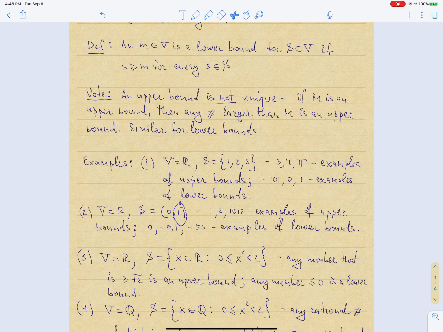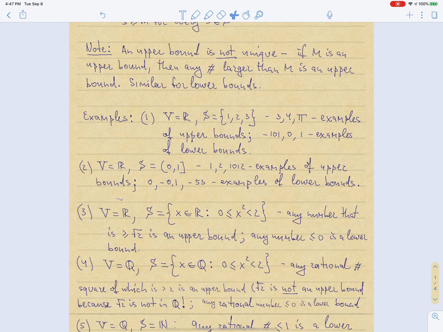So anything bigger than 1 is an upper bound. 1, 200, 1,012, and so on. All numbers in this interval, half-open interval, are greater than 0. So then 0 is an example of a lower bound. Minus 0.1, minus 53, all of those are lower bounds.